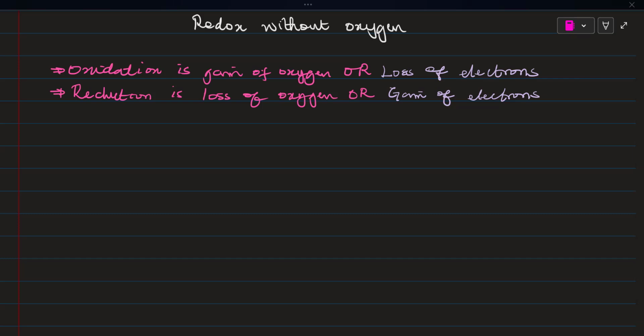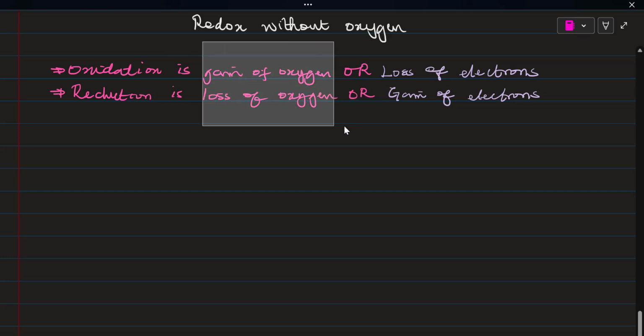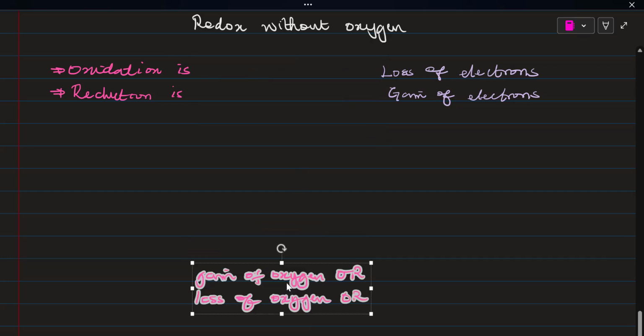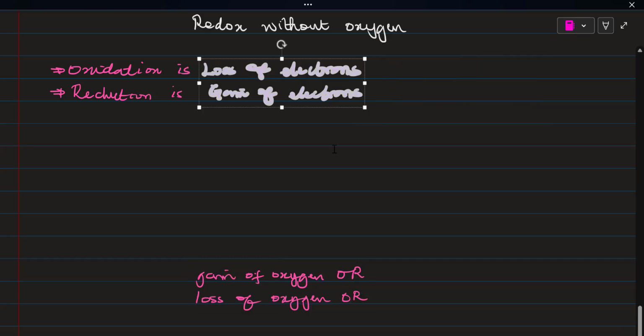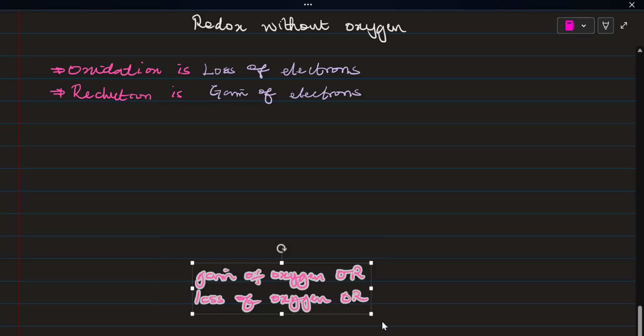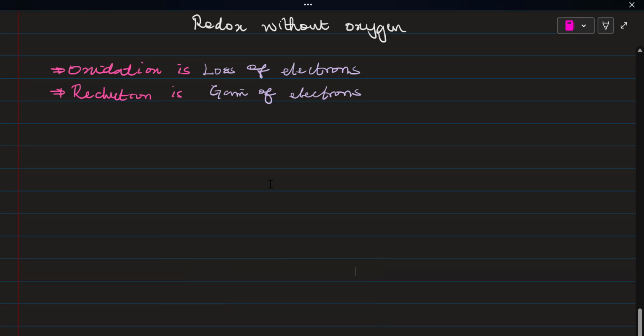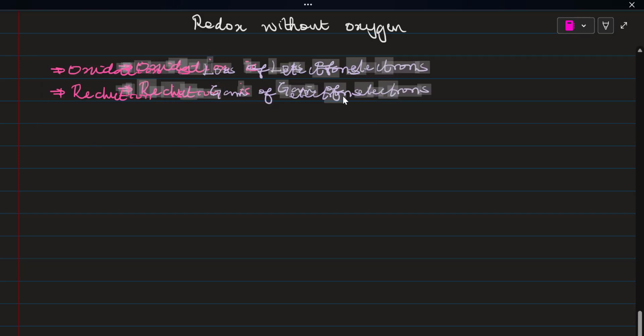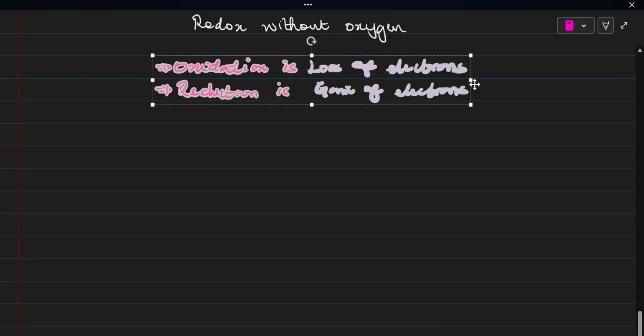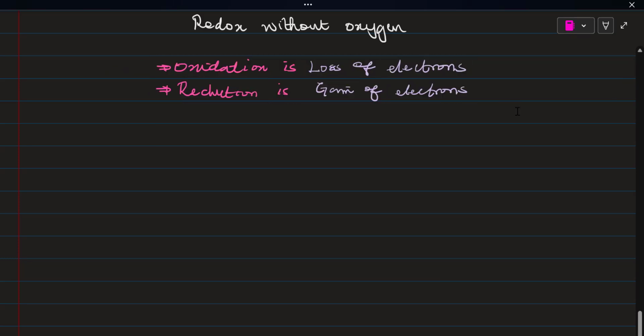If I take away the oxygen part from both of them, we can easily define oxidation as loss of electrons and reduction as gain of electrons. We don't have anything to do with oxygen in this definition.